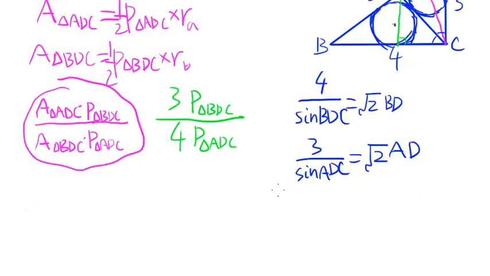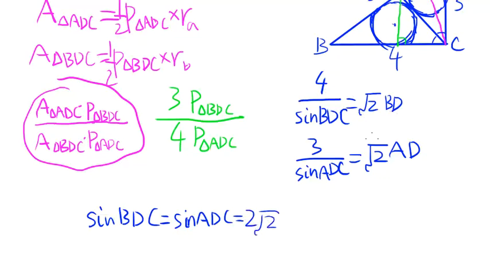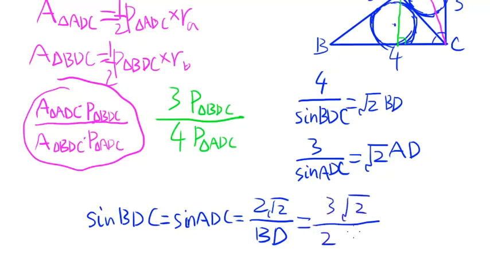So we get sine BDC equals sine ADC. 4 divided by root 2 is 2 root 2, so BD equals 2 root 2. 3 divided by root 2 gives AD equals 3 over 2 root 2.